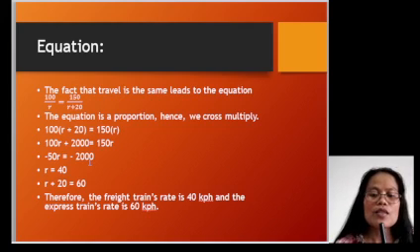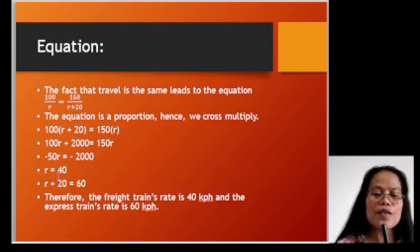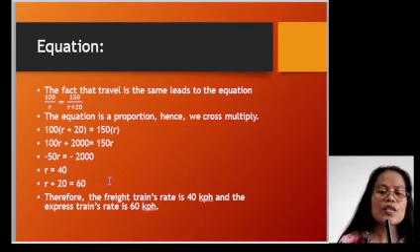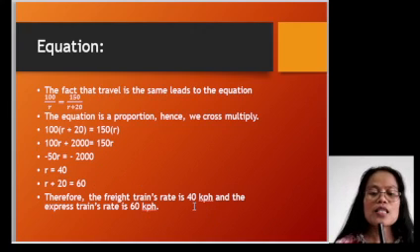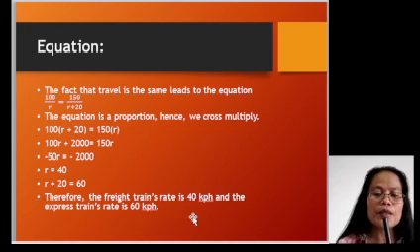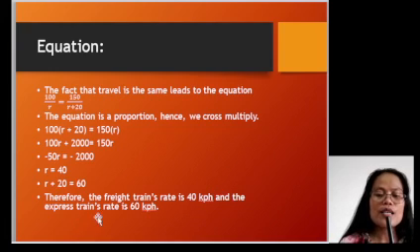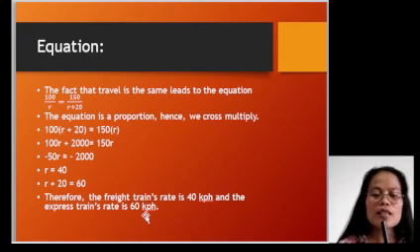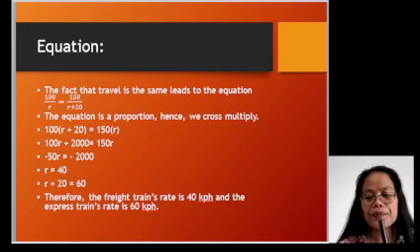So the rate of the express train is R plus 20, and our R here is 40, the freight train's rate, plus 20 is 60, and that's the rate of the express train. Therefore, the freight train's rate is 40 kilometers per hour, and the express train's rate is 60 kilometers per hour.